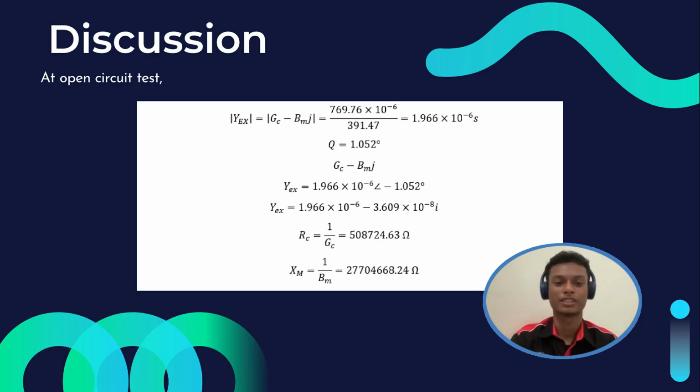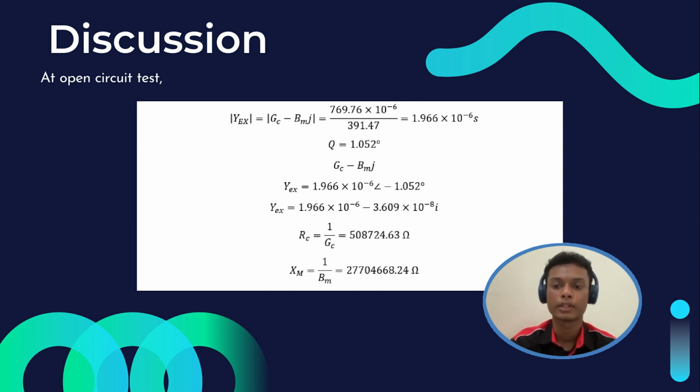Discussion. We are going to discuss the calculation and how we obtain the objectives based on the LTspice simulation. Our first objective is to determine the impedance characteristics of a given transformer. At open circuit, we can get the values of Y_EX, R_C and X_M.